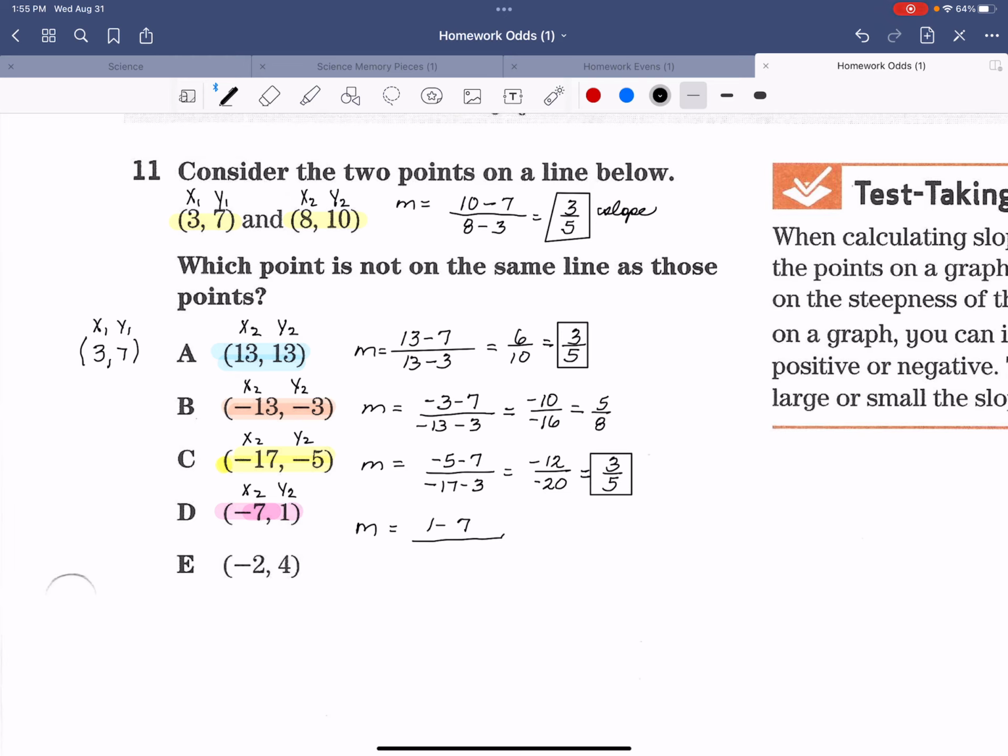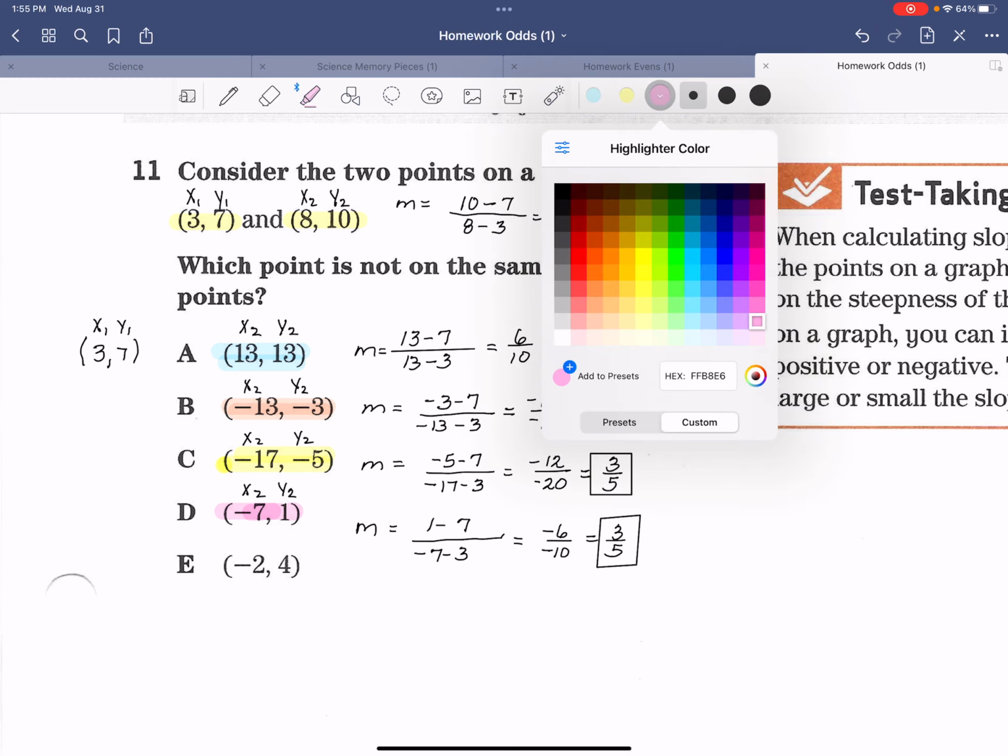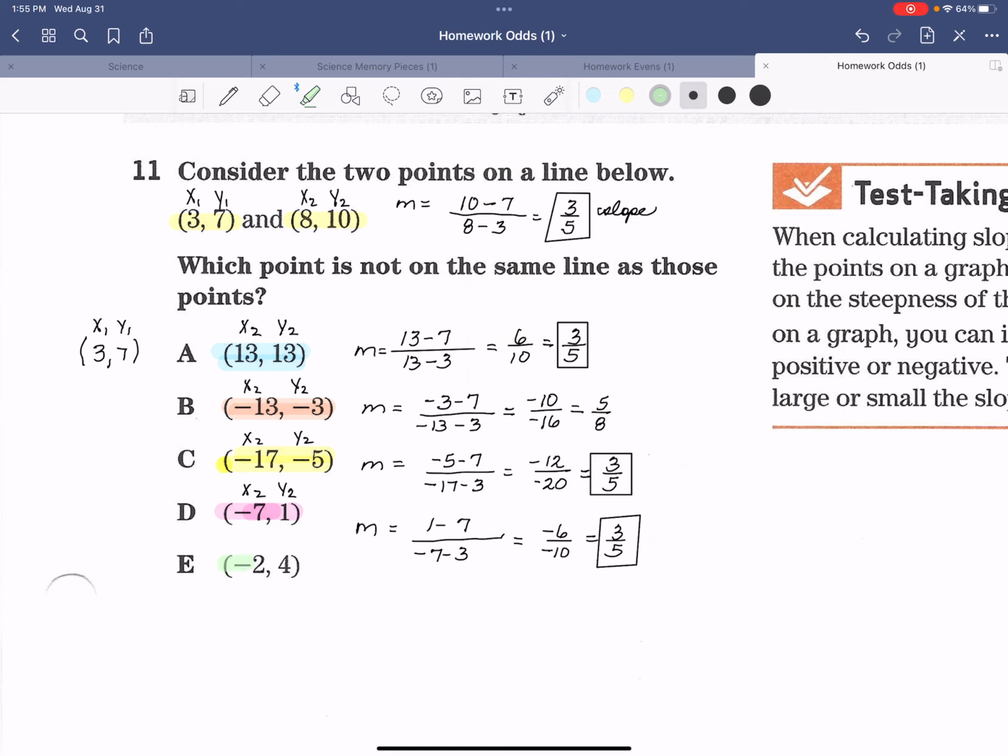So 1 minus 7, negative 7 minus 3 is negative 6 over negative 10, which is positive 3/5. You see why I didn't want you to pick the first one, because that's not the answer. You probably see the answer though.